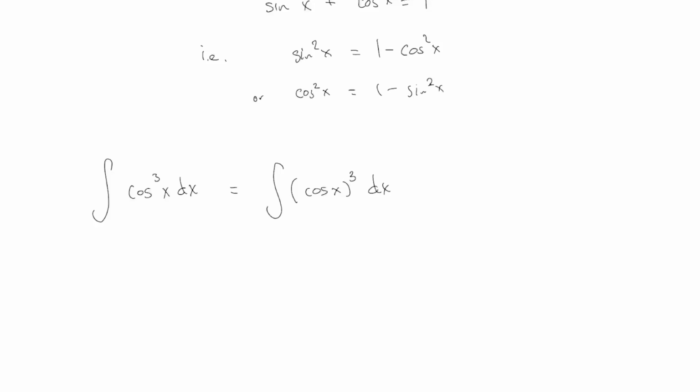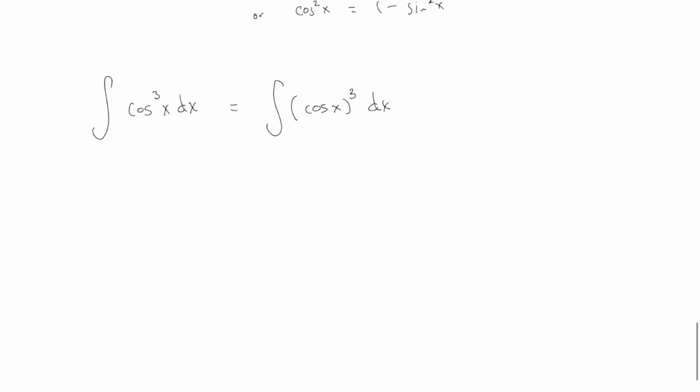And here's the trick. Basically, we want to do a u substitution, u equals cosine x, because that's the thing on the inside, and when I'm doing u substitutions, I usually choose the thing on the inside to be the u. But it won't work in this example.